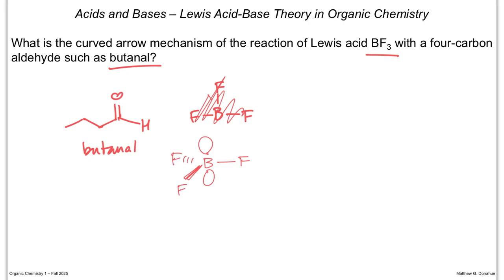So I'm going to draw it with the form where I'm showing that p orbital. So if that's a Lewis acid where we have an empty p orbital, the butanal must be a Lewis base.